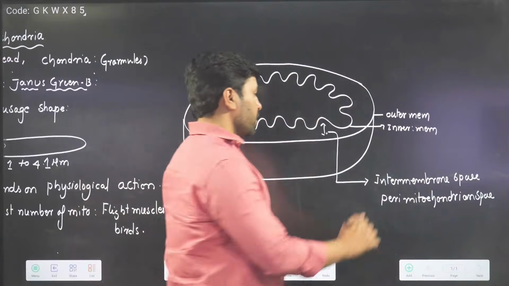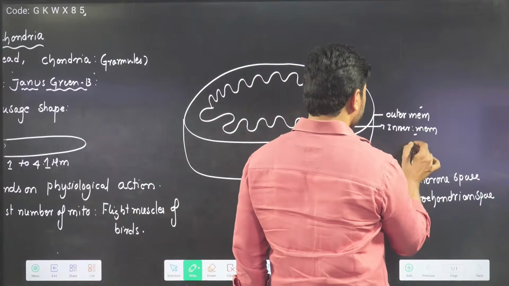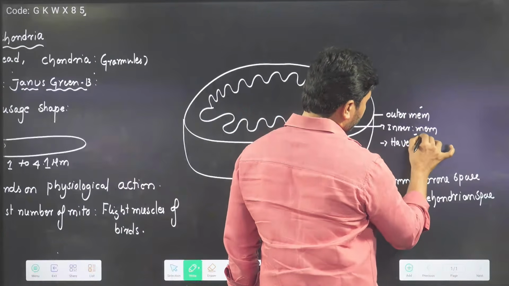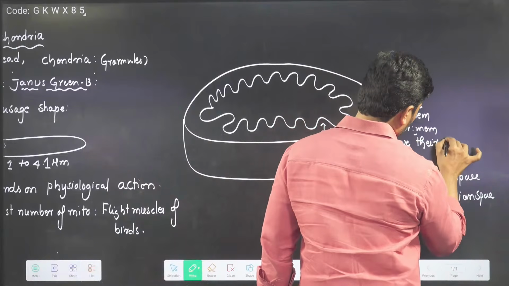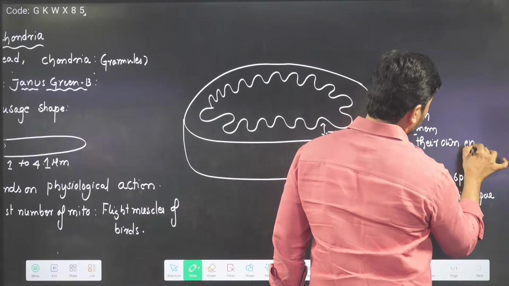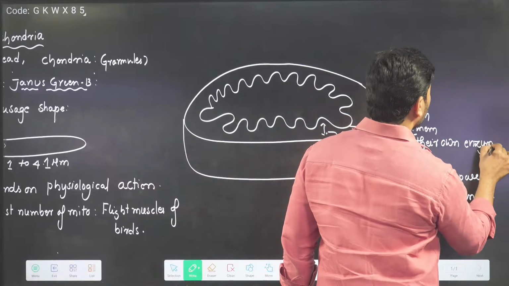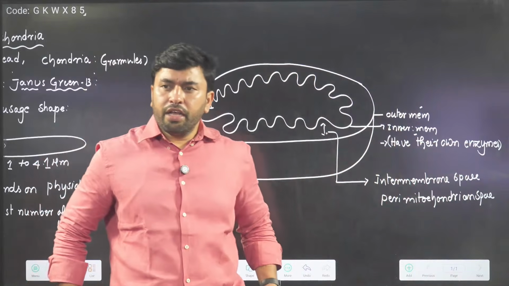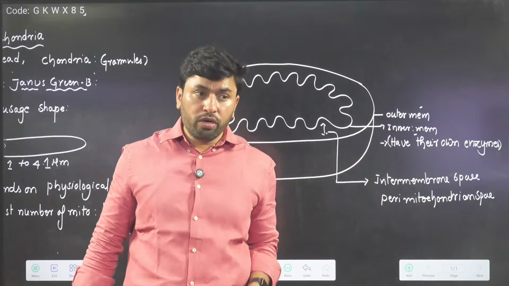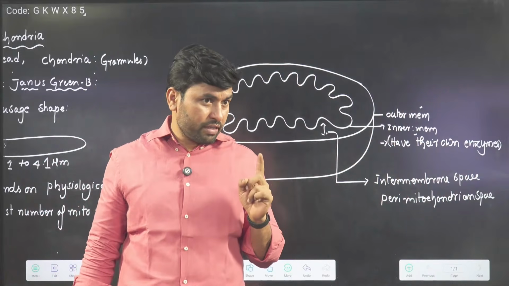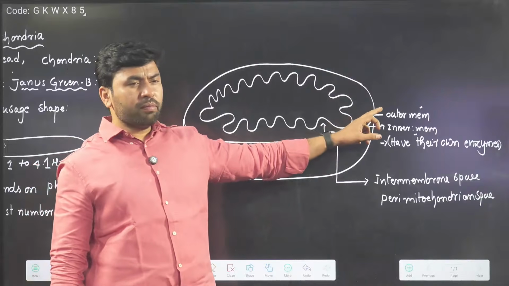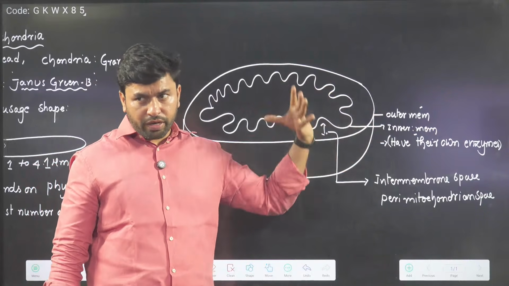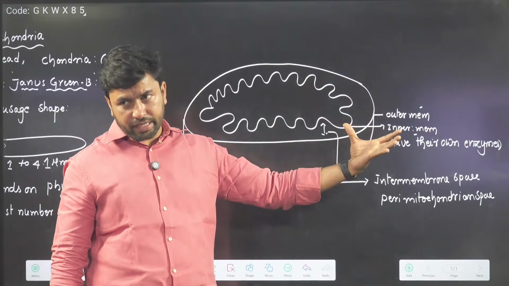Then come back to the outer membrane and inner membrane. Both have their own enzymes. What does this mean? The outer membrane is somewhat thinner, the inner membrane somewhat thicker. You will understand why the inner membrane is thicker.